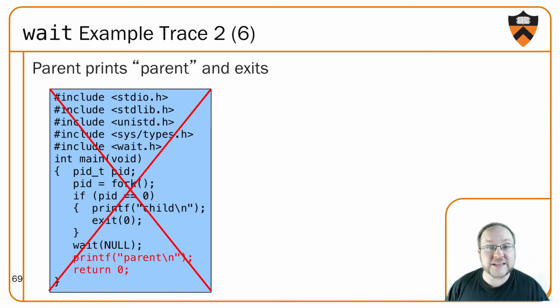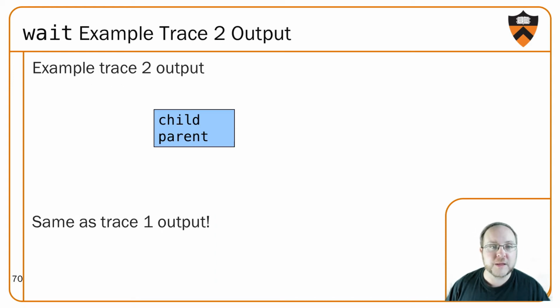So the parent can continue to print and finish. Just like before, we have child, parent. We have successfully controlled our process execution order via wait. This isn't changing who the OS lets run first, but rather manipulating the code so that no matter who the OS chooses, the code can force one or the other to execute first.